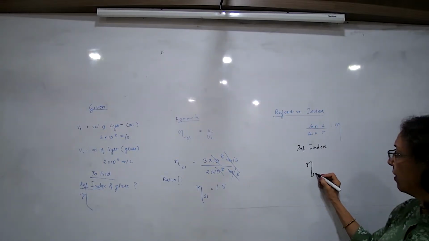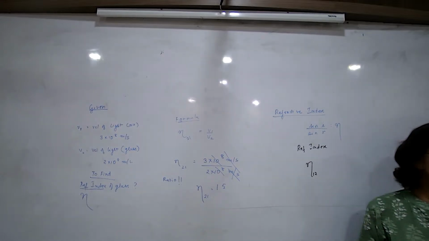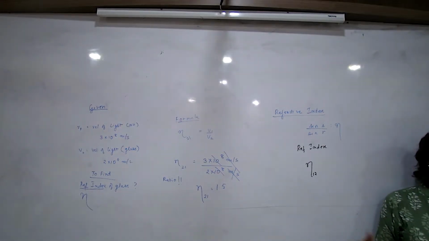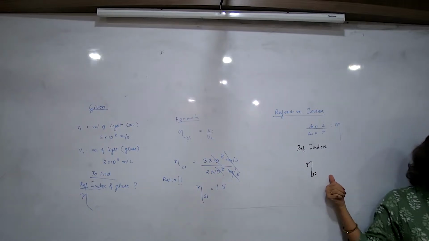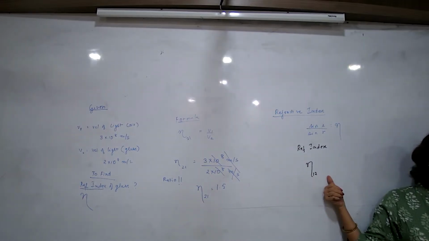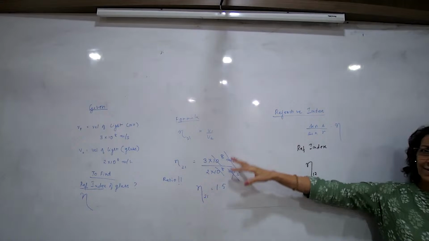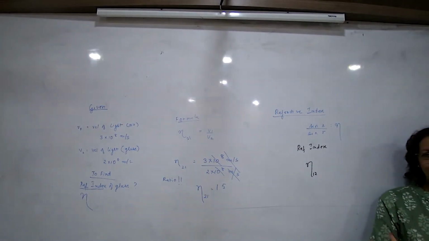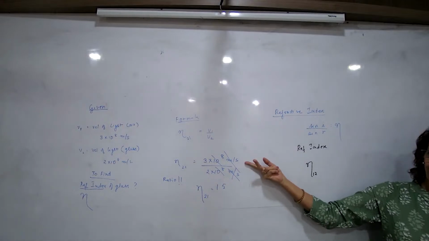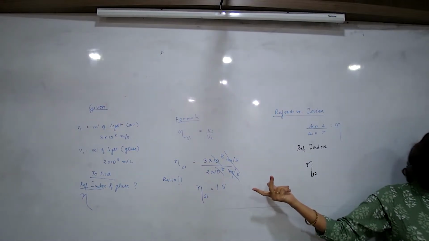If I write it as 1 and 2, what does it tell us? It is the refractive index of medium 1 with respect to 2. What will I do? Exactly, we'll just switch. This will go that way. That's all. Don't get confused.